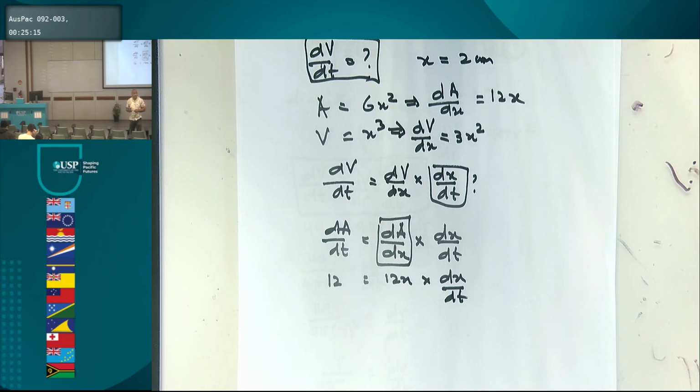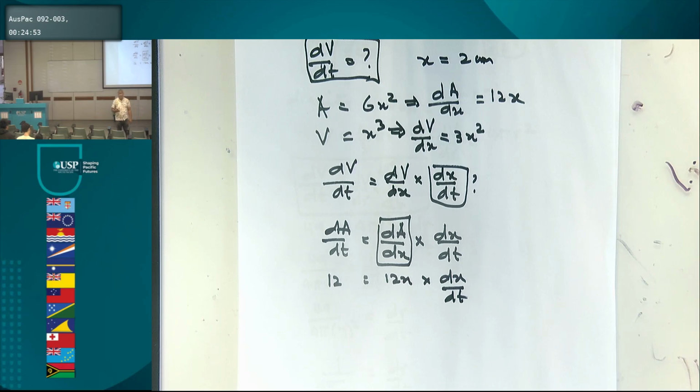What's the expression for dx over dt? 1 over x, agree? And we know the x value. What's the x value? The length of one side is 2 centimeters.